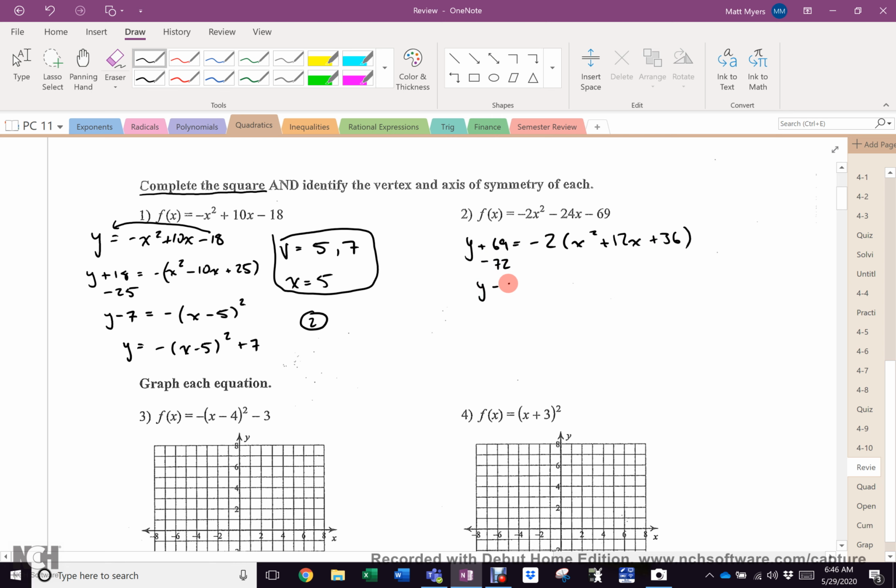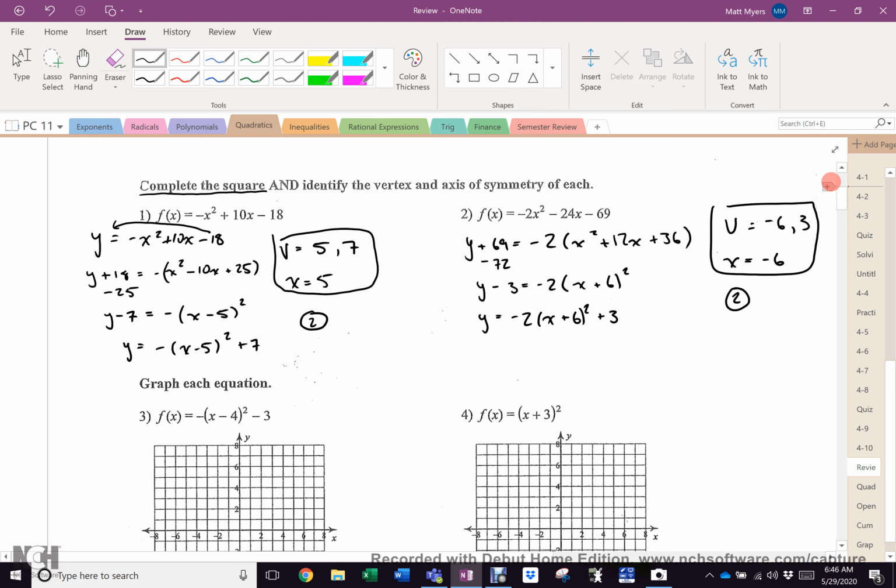So y minus 3 equals negative 2 (x plus 6) squared. Y equals negative 2 (x plus 6) squared plus 3. My vertex is (negative 6, 3), and x equals negative 6 is my axis of symmetry, for 2 marks.